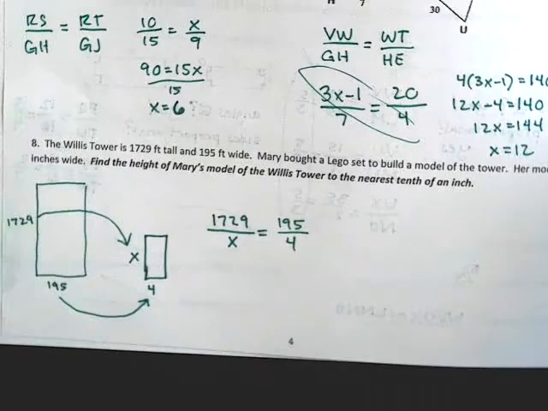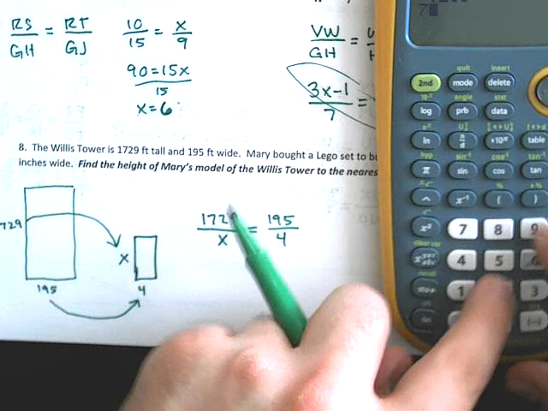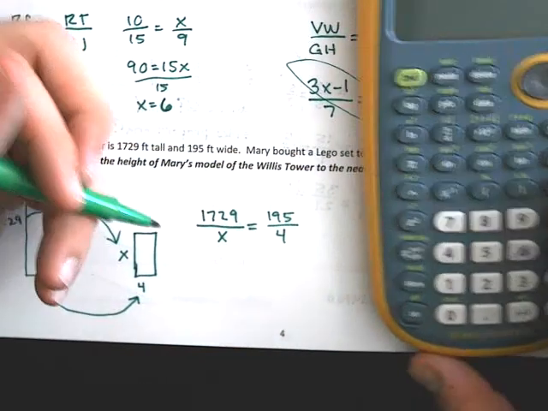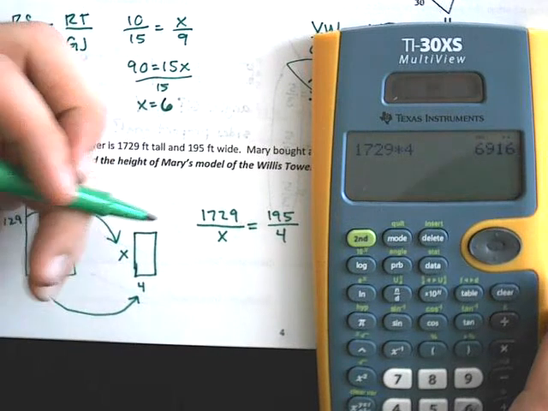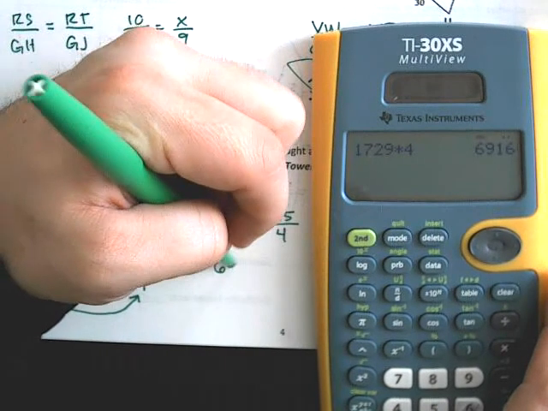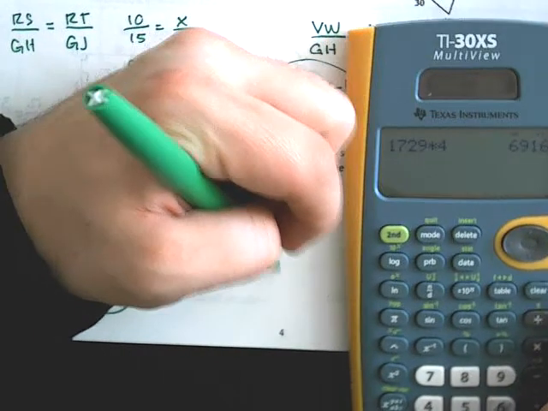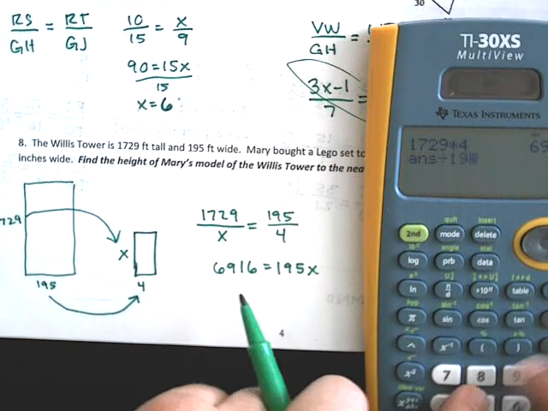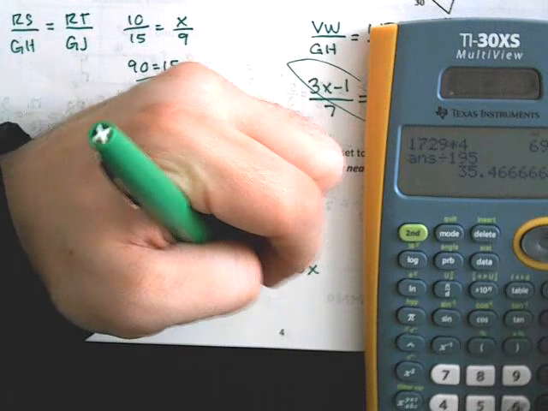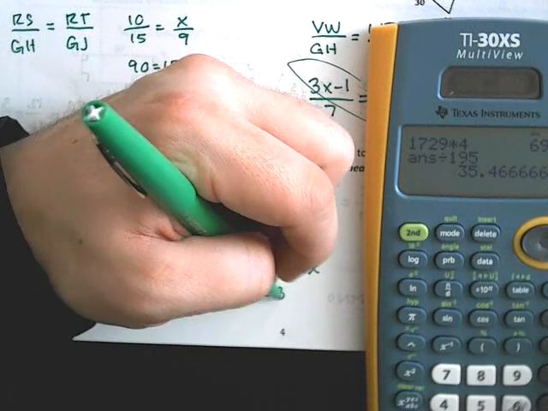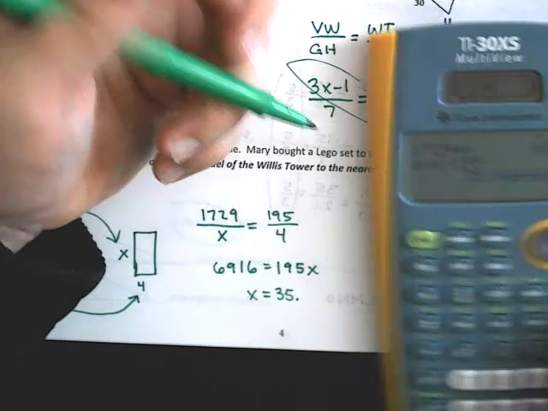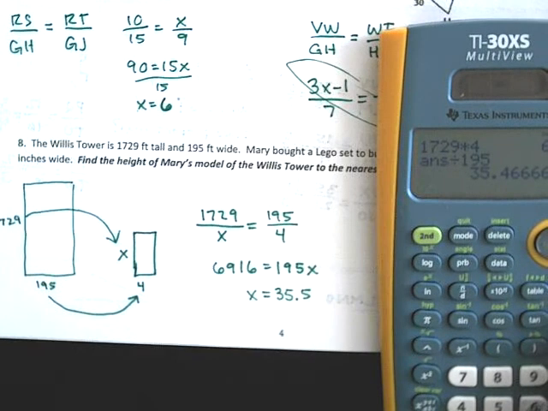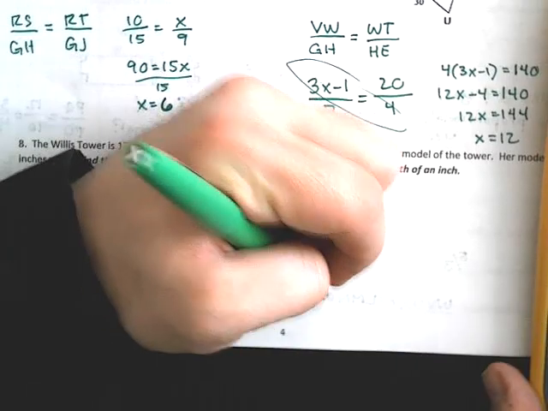When I cross multiply, 1729 times 4 is 6,916, and that's going to be equal to 195x. When I divide this by 195, I get that x is equal to 35 point, it says to the nearest tenth of an inch, so I'm just going to round this to 0.5. 35.5 inches.